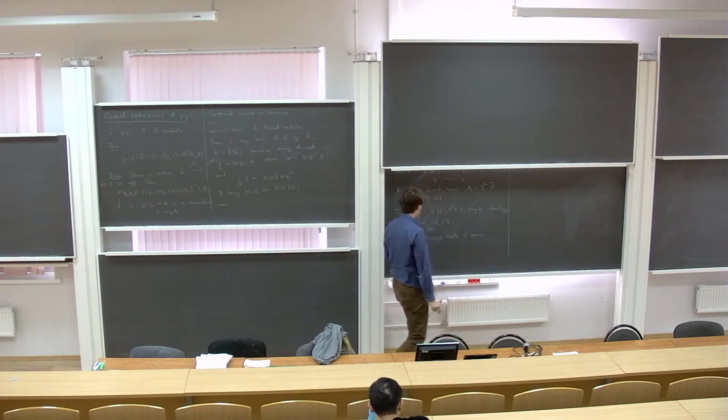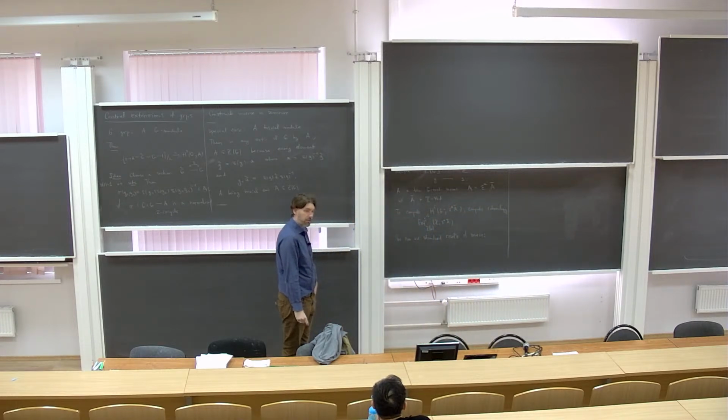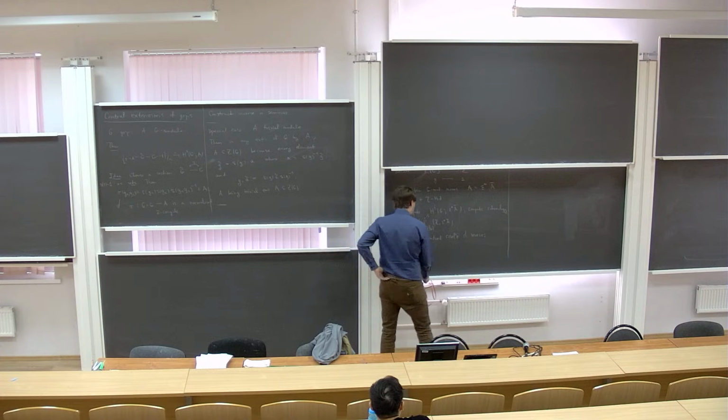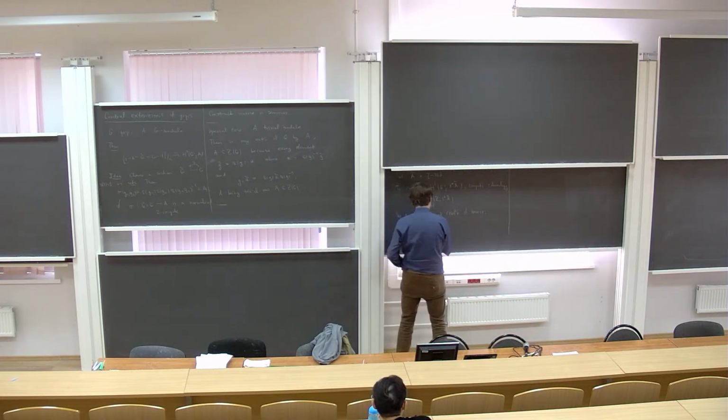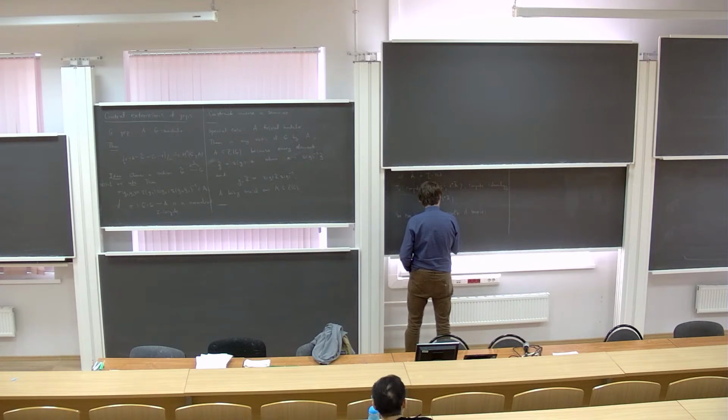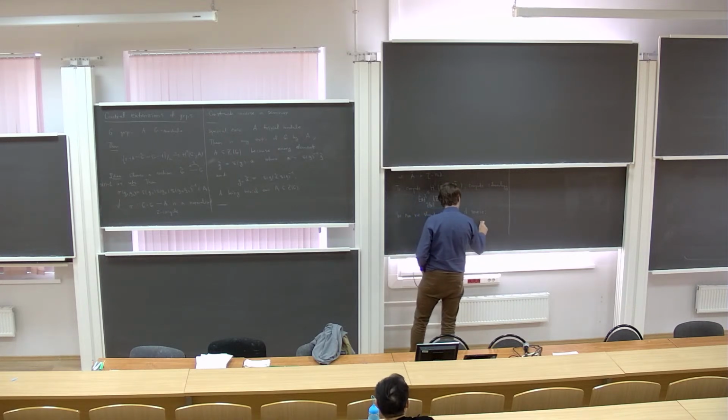So remember what the standard resolution of the trivial module looked like. We wrote it down last time. It was this bar complex. Whether we use reduced or not is not so important at the moment. So it looks like the following.